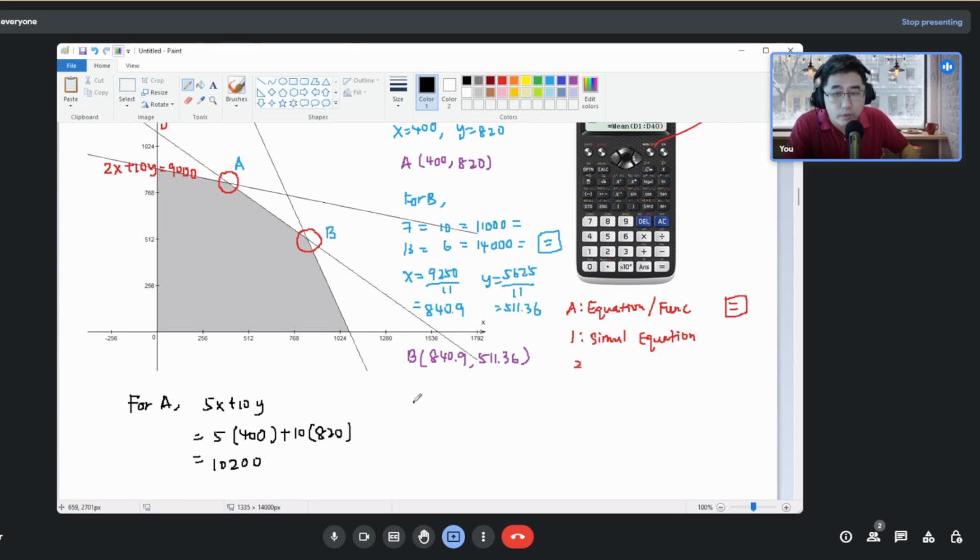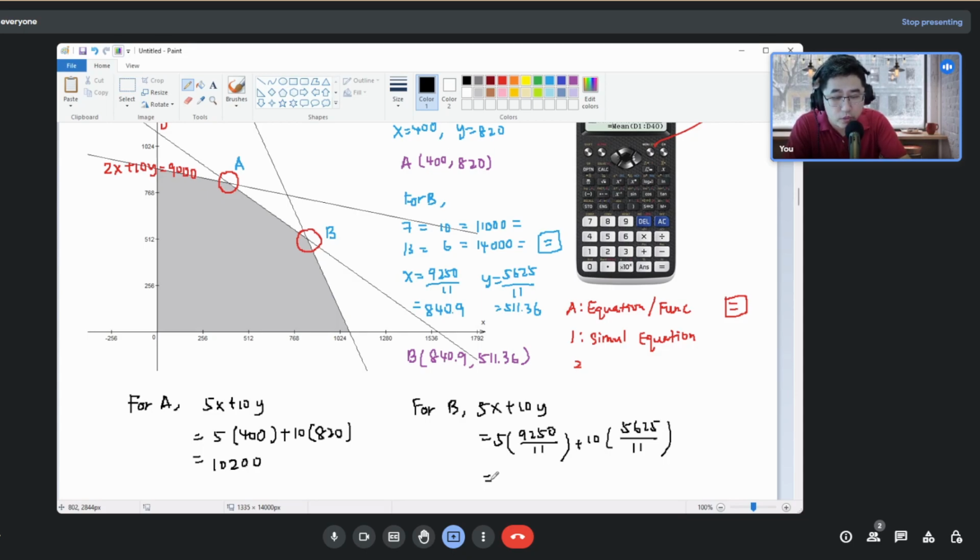Then for point B, 5x plus 10y equals 5 times 9250 over 11 plus 10 times 5625 over 11.